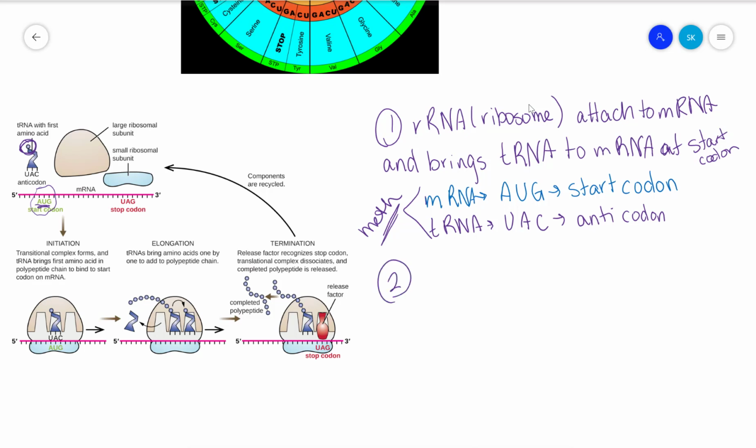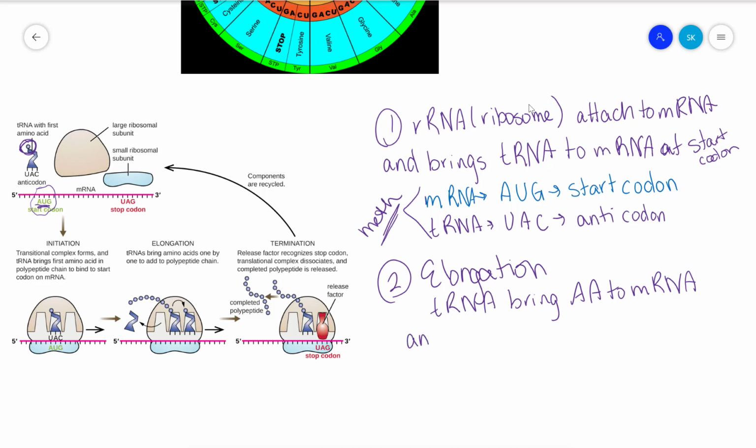Now, the next step, elongation. The tRNA is going to continue to bring amino acids, which I'm abbreviating AA, to the mRNA. And the amino acids bond to each other with a peptide bond.